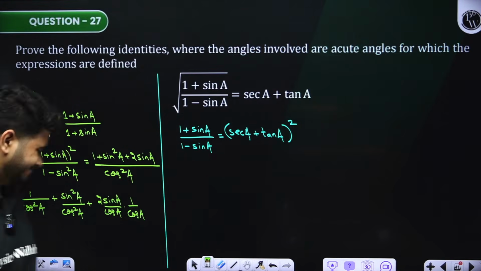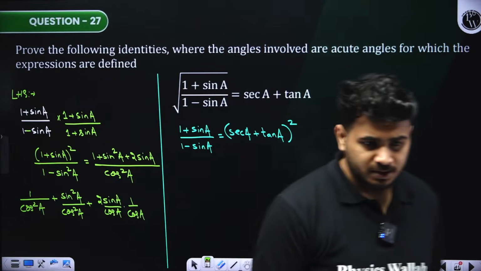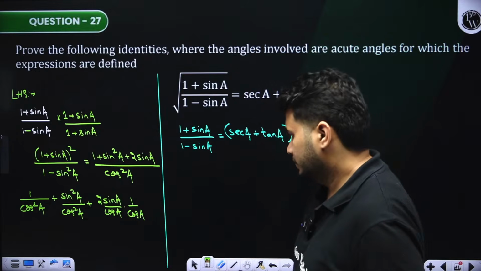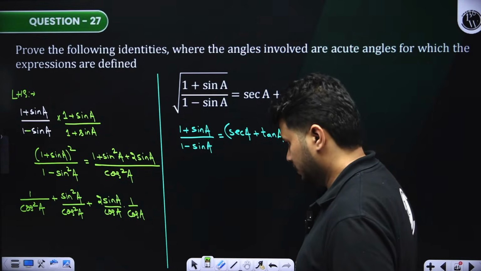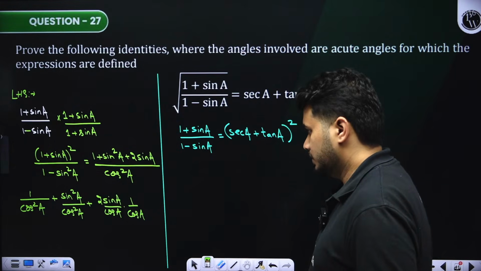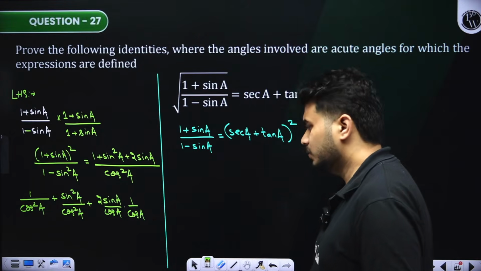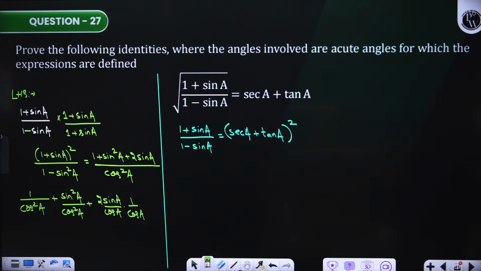Clear? Understood everyone? So we have secant square A, 1 by cos square A is secant square A, and sin by cos is tan square A. Can we simplify from here, students, or should I have taken the reciprocal?